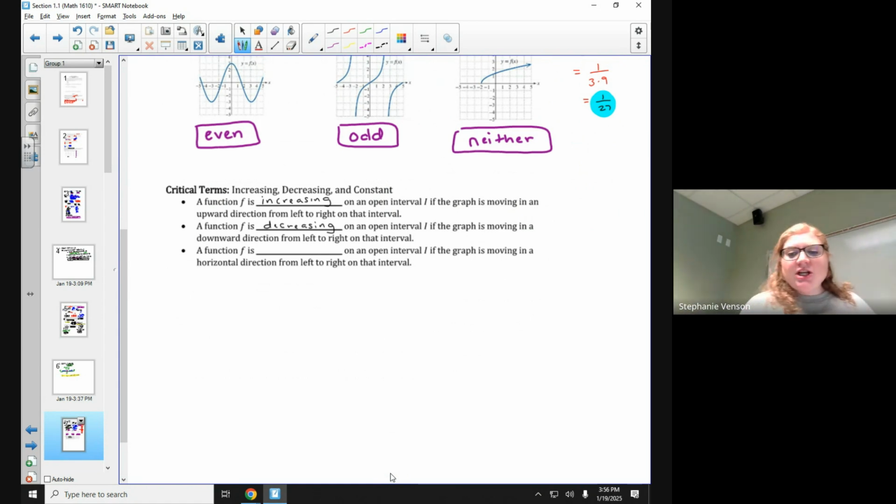And then a function f is constant on an open interval I if the graph is moving in a horizontal direction from left to right on the interval. So let's see what that looks like.